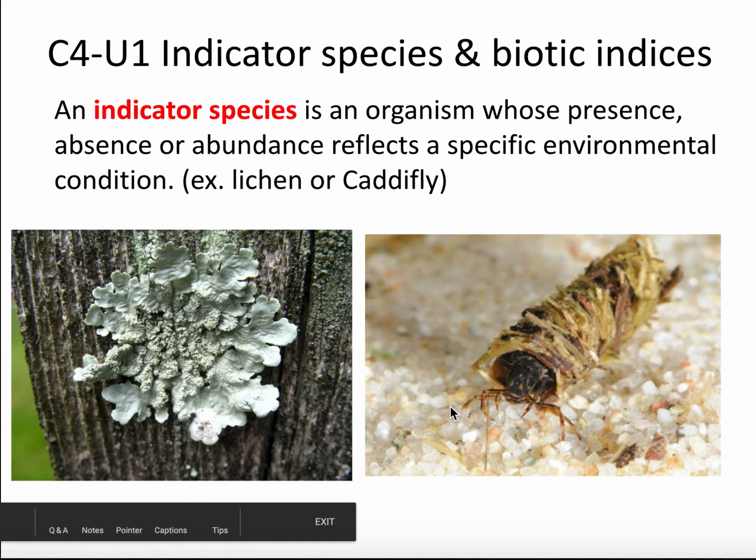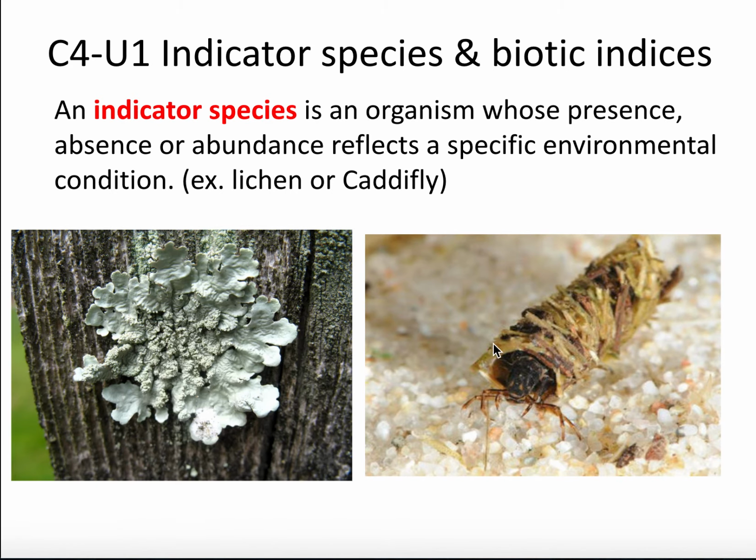This is a caddisfly. Different microbes tell us when they're present in an ecosystem if it's healthy or not, because we know of their food webs, or their food chains, and we know who and what species would be present if they were there.